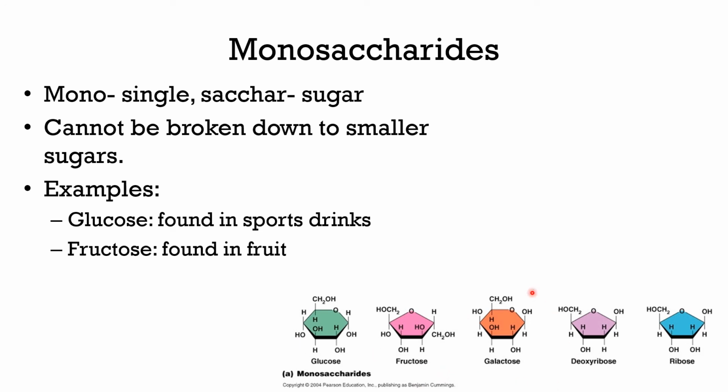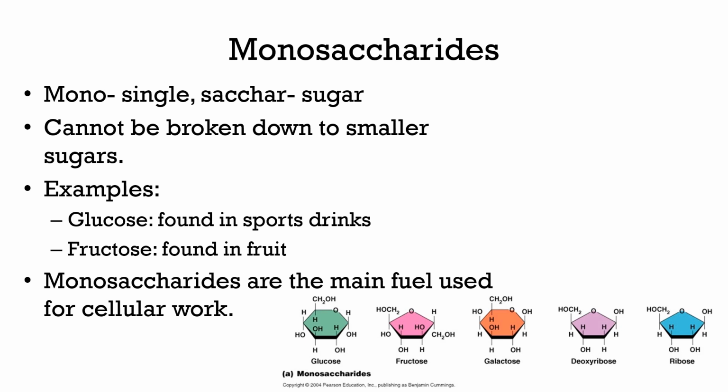To tell you the truth, there also is another isomer for this kind of sugar, which is called galactose. And galactose also has the same number of carbons, hydrogens, and oxygens. We also have deoxyribose and ribose. These are sugars, and they're actually found in our DNA and RNA.